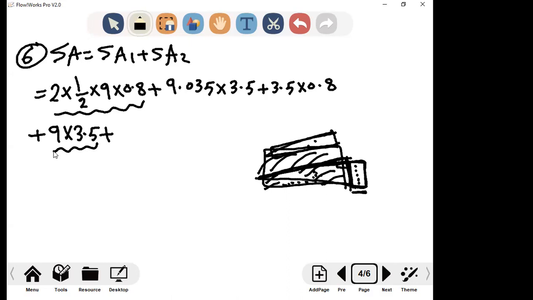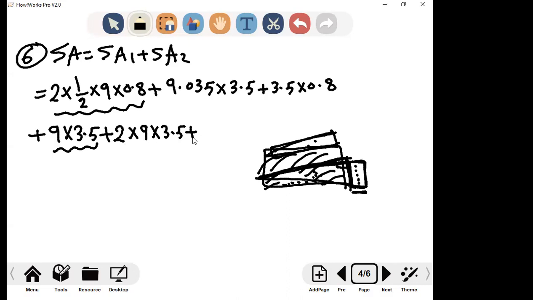But the rectangle in front and on the back, they have the same area, right? So I will add 2 multiply 9 multiply 3.5, plus still 2 rectangles, one to the right, and they are congruent.